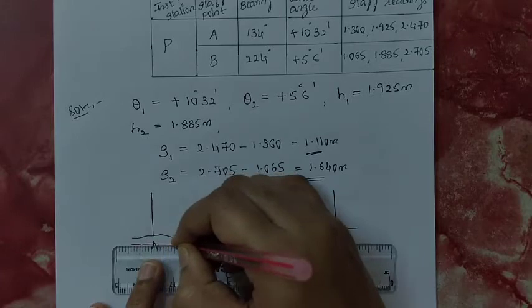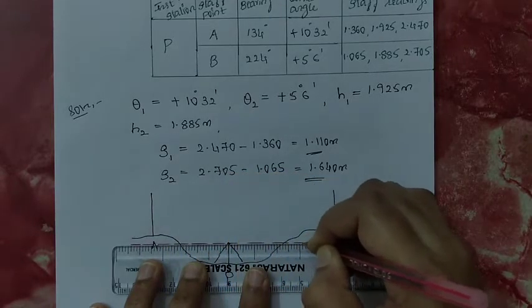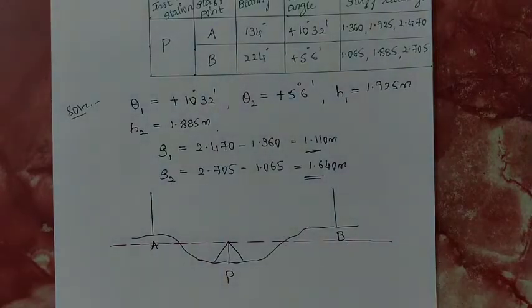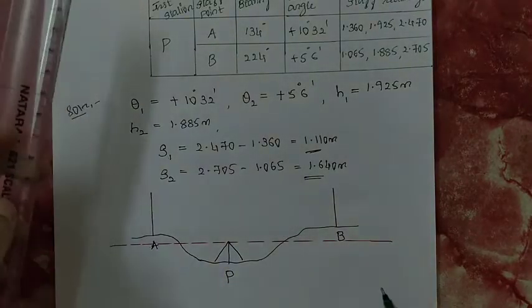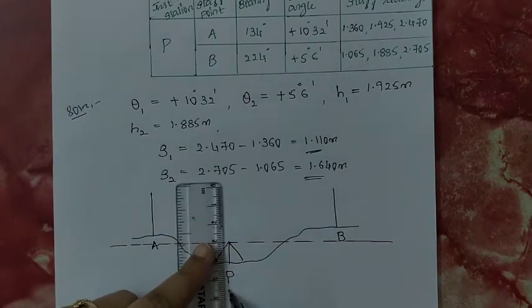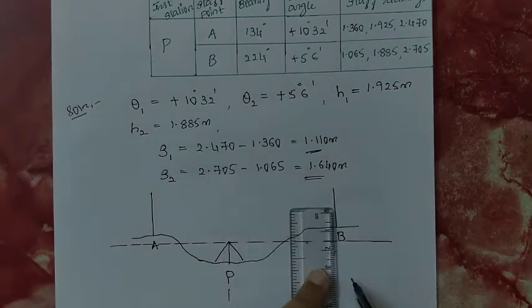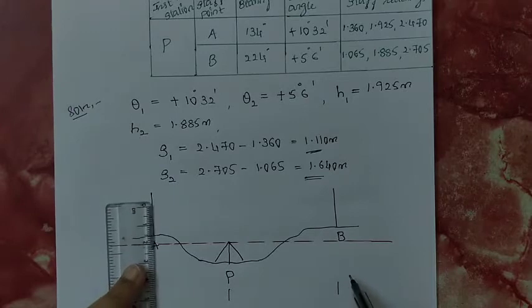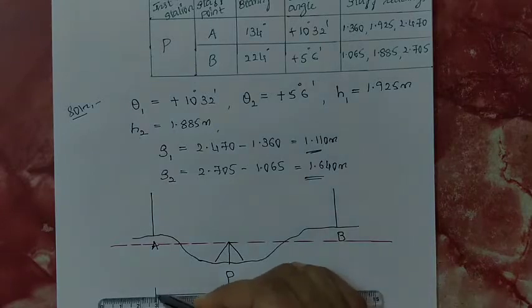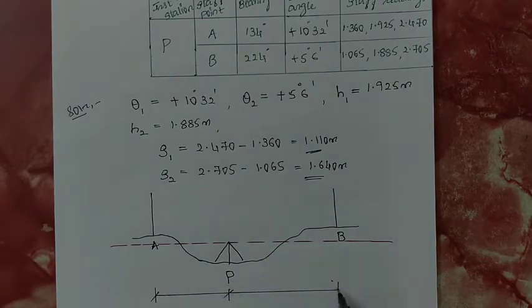This is the line of sight. The distance between P station and B, and the distance between the tachyometer station and A, you need to calculate in order to calculate the gradient between A and B.